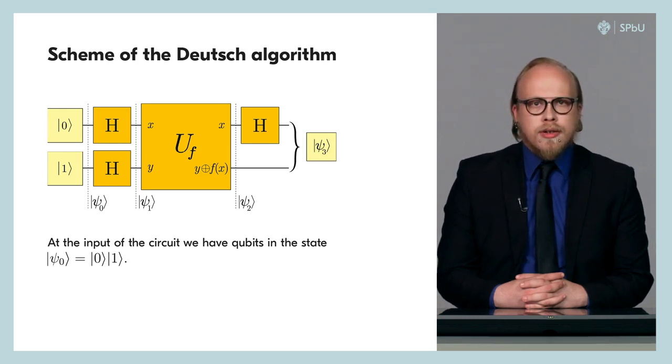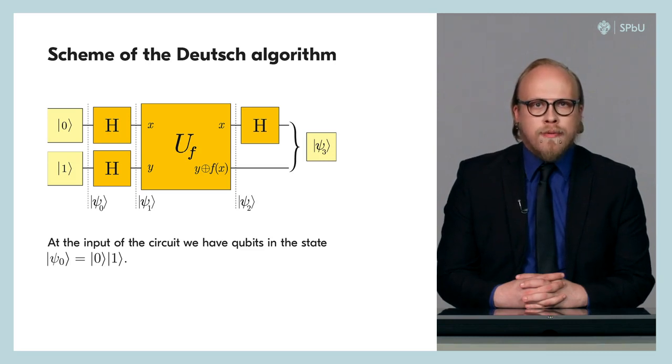And also the third element UF performs the unitary transformation, which calculates the sum of the function f of x and f of y. It should be noted that the whole scheme is necessarily reversible, that is, by the qubits' output value we can find out which qubits were entered at its input.